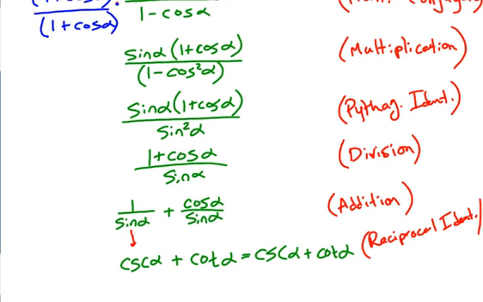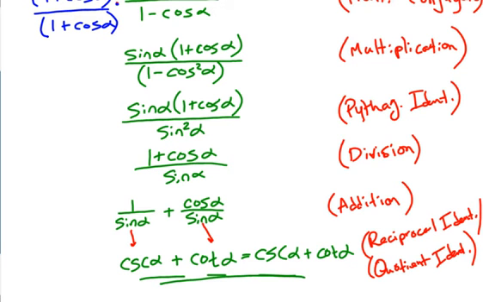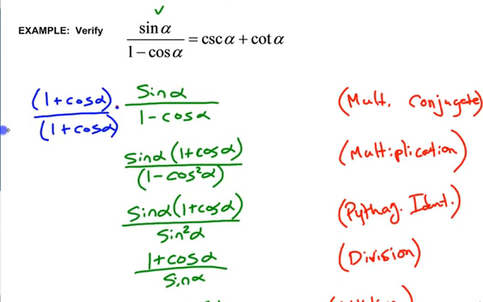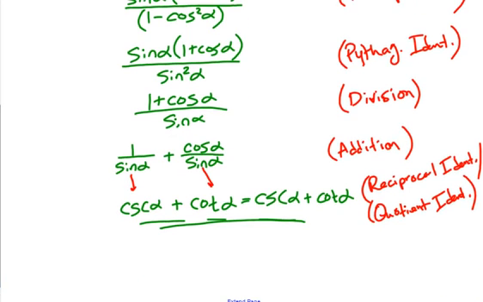Now, what I'm doing for this step is using the quotient identity. So I'm going to combine them all at once because I am running out of space here at the bottom, but you get the point that that is 2 separate steps. Basically, I've just combined it into one, and it's fine if we do that, but we do need to make note that we used both of those there. And we have completed this problem. We have cosecant alpha plus cotangent alpha equals cosecant alpha plus cotangent alpha.